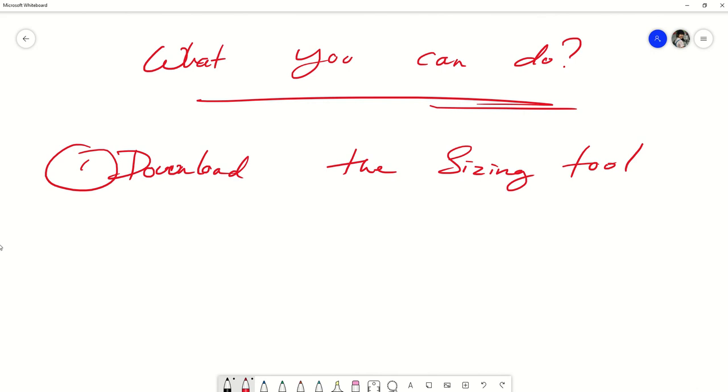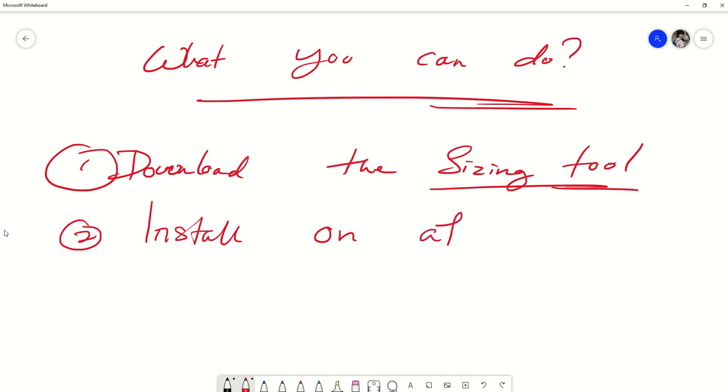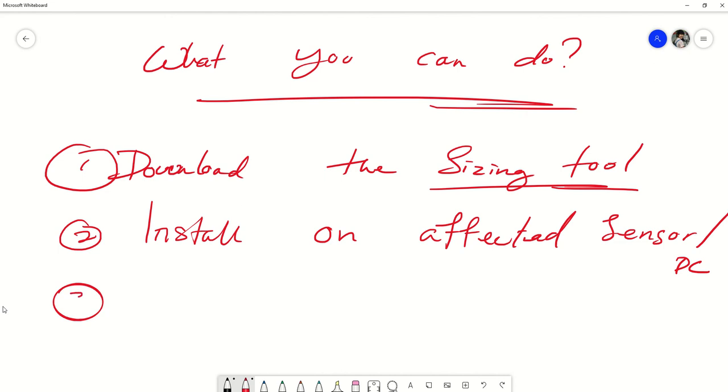I will post the link in the description. Next, you install it on the affected sensor or domain controller, then run it for 24 hours.